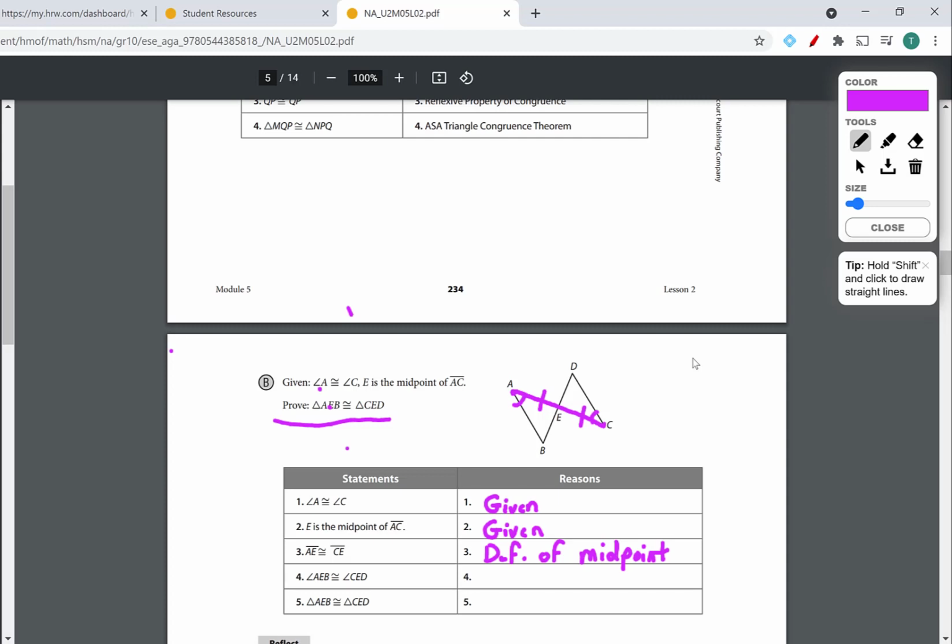Statement number 4 is angle AEB. It tells us, it's one of those angles that's kind of kissing in the middle, is congruent to angle CED. And I think you know what those angles are called and why they're congruent. Those are vertical angles.